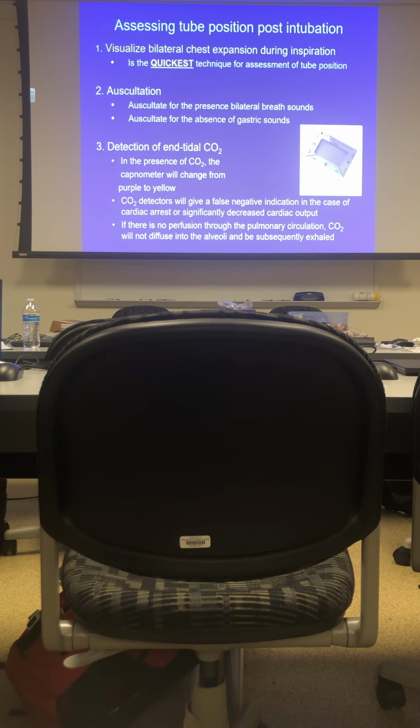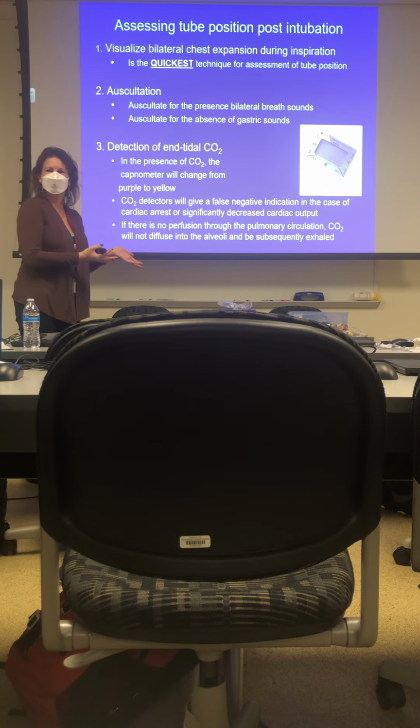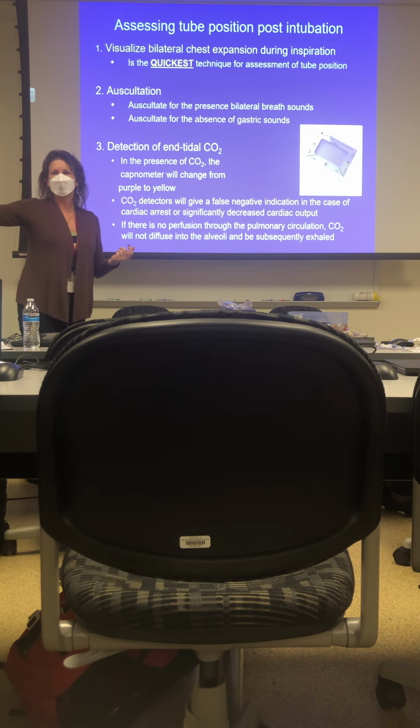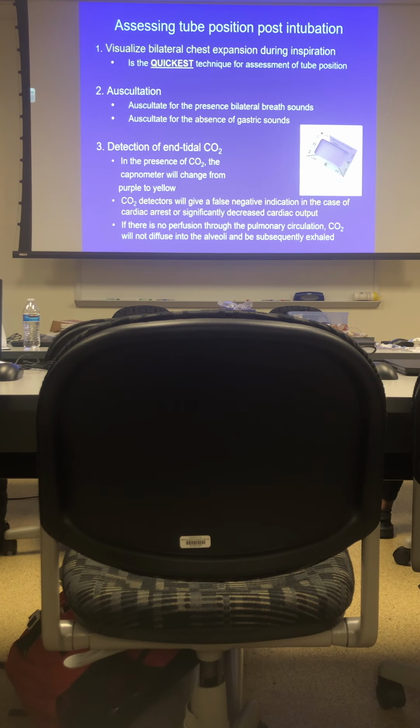Reason being, if there's no perfusion because the heart stopped, and you've intubated the patient and they're doing CPR, but there's not enough perfusion for CO2 to be exhaled out, that's not going to measure CO2. But you could still be intubated in the trachea. So it's not accurate when your patient is in cardiac arrest. Remember that, because it might not turn color and you'll say, oh, it's in the esophagus, it's not in the trachea. But that could be a false negative. Does that make sense?